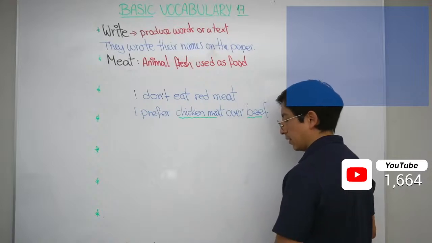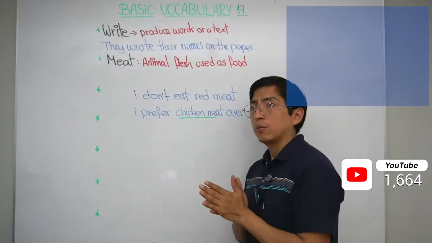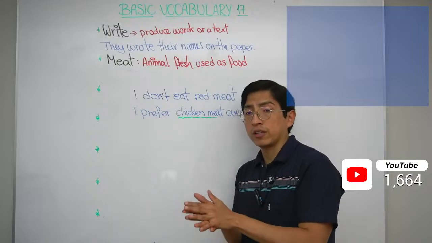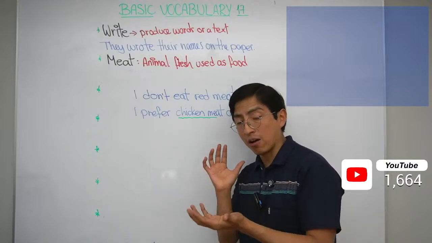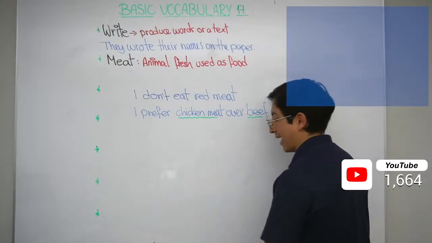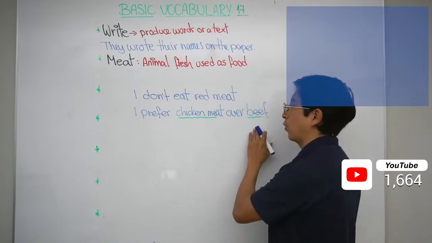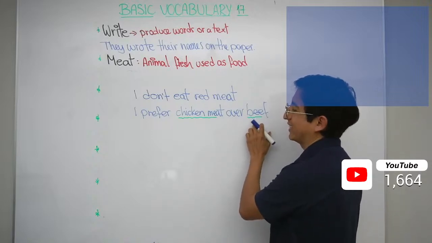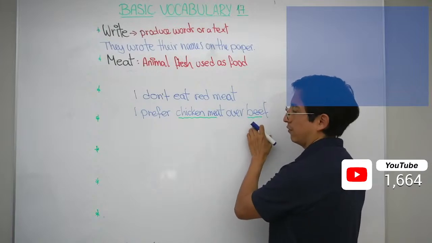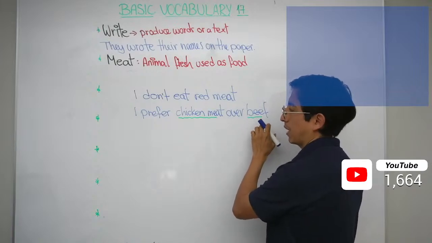You know, we're talking about beef when we talk about a specific animal. In this case, we're talking about a cow. Okay, we get beef from a cow. Moo, right? We obtain meat or beef from this animal.